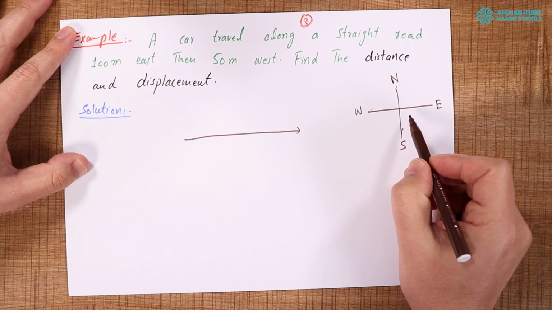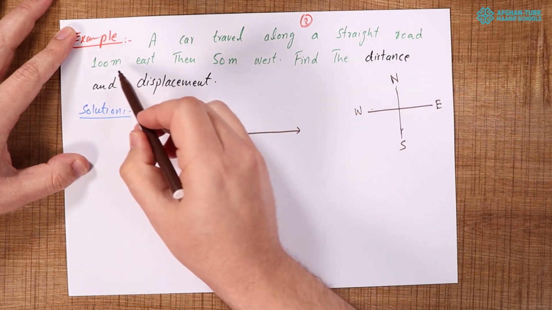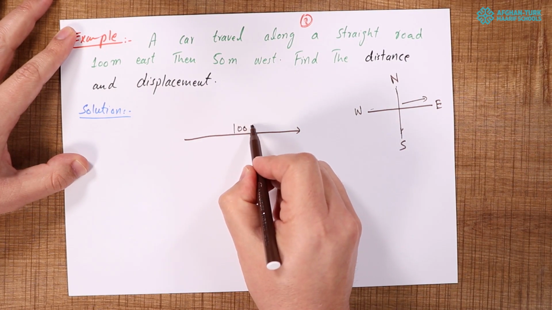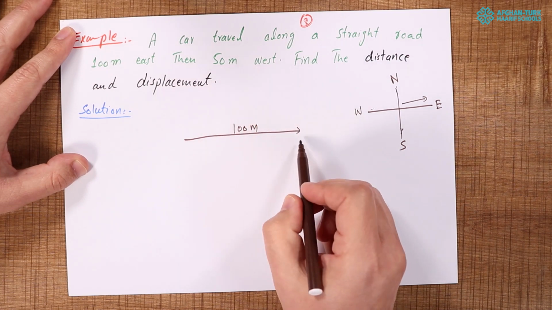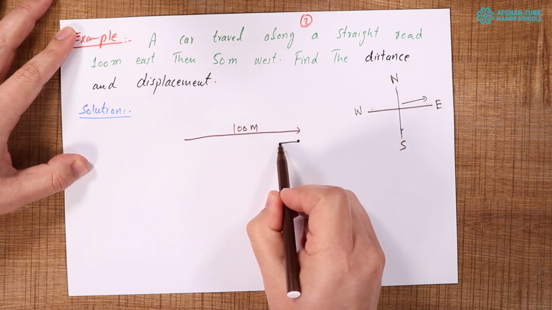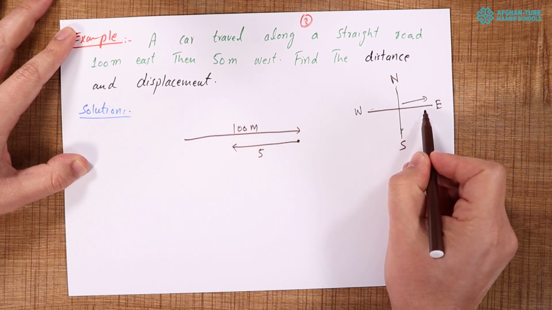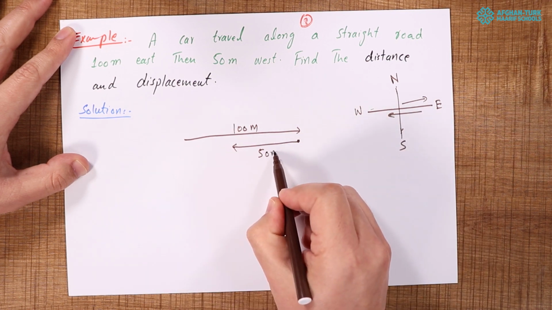So the car travels along a straight road toward east, 100 meter, and then west 50 meter. This is 50 meter. It means the car stops here and then moves toward this direction.